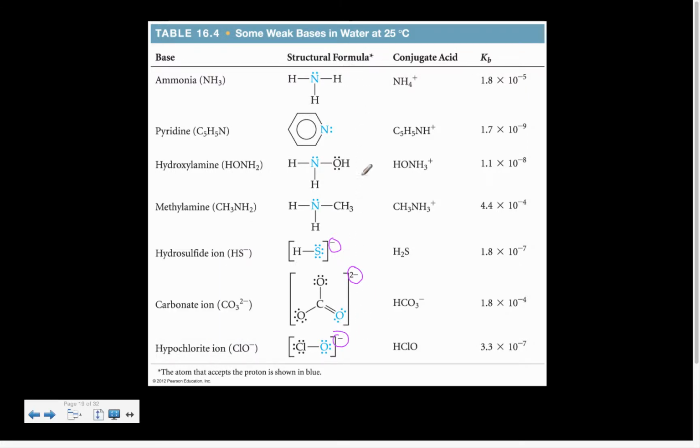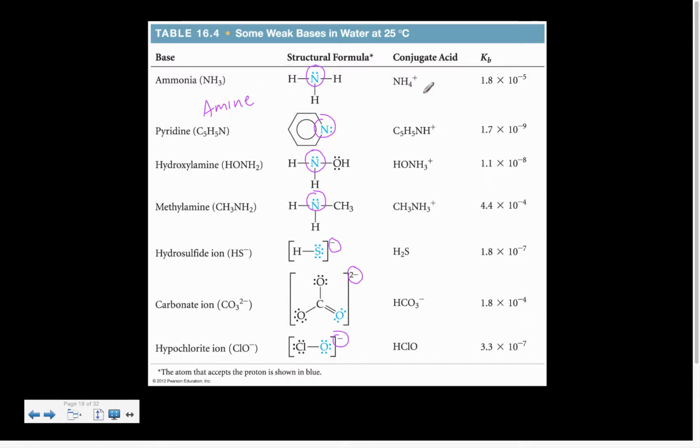Now, up here, though, we have a different trend. But all of these are similar in that we have a nitrogen with a lone pair. So nitrogen with a lone pair is going to be another of our most common weak bases. In general, these are referred to as amines.